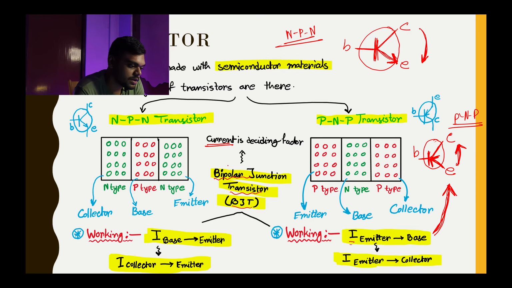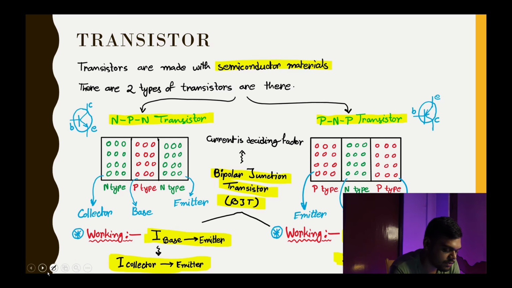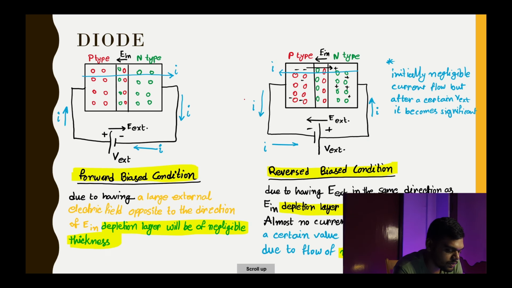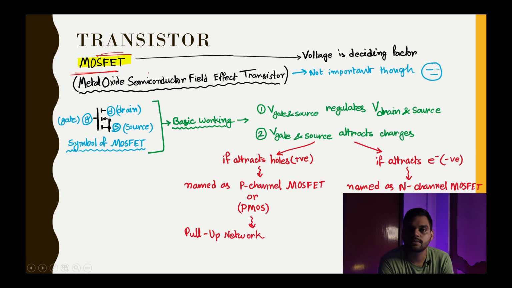Okay, so moving on, we have another type of transistor, which is MOSFET, metal oxide semiconductor field effect transistor.